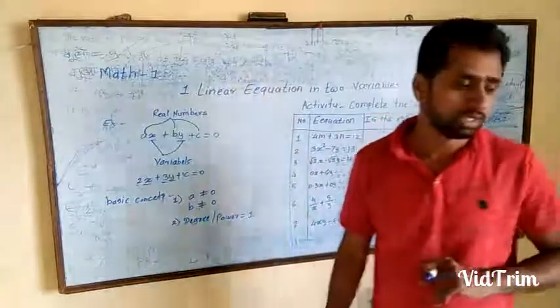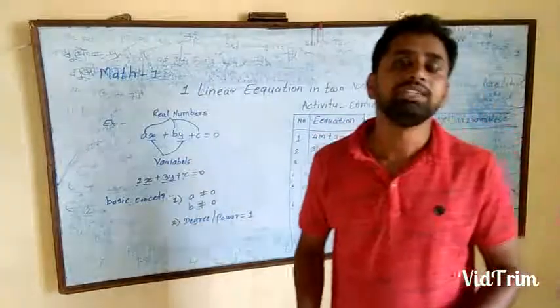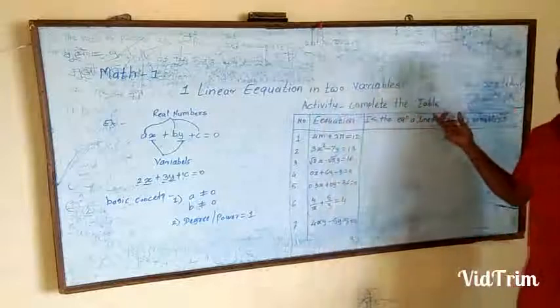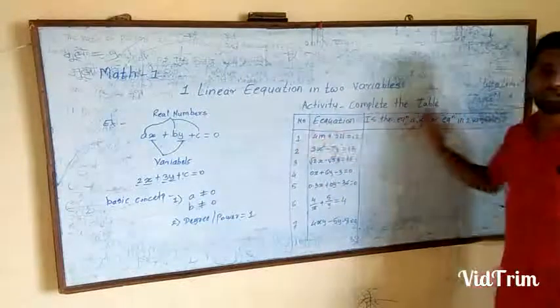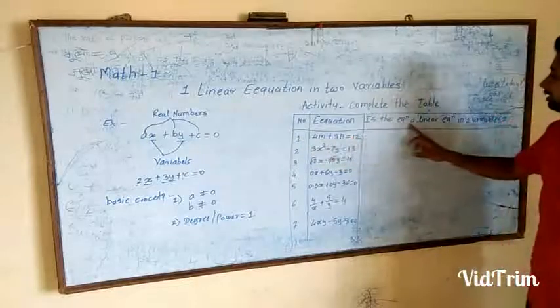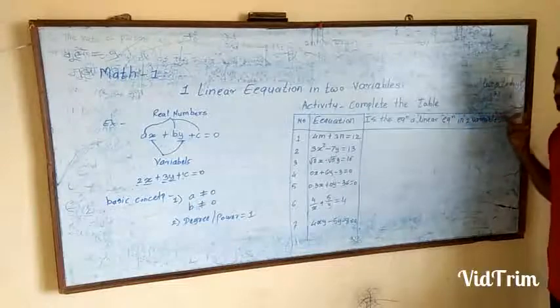In our textbook, page number 1, there is one activity given for us. That activity is complete the table. There is a table with the equation number and whether the equation is a linear equation in two variables.